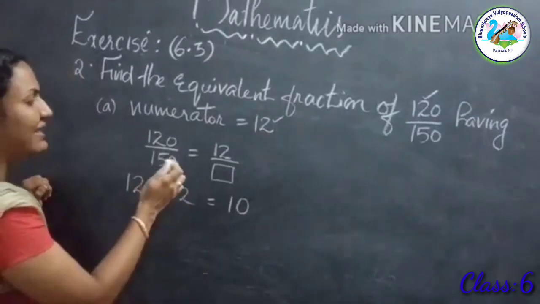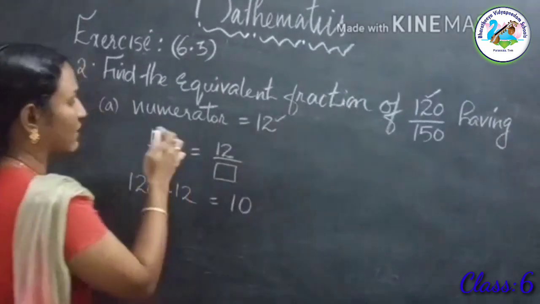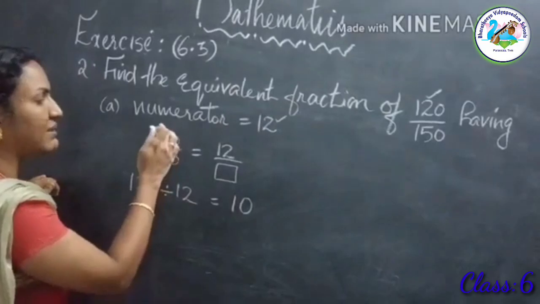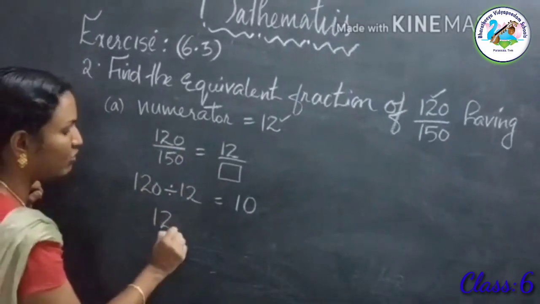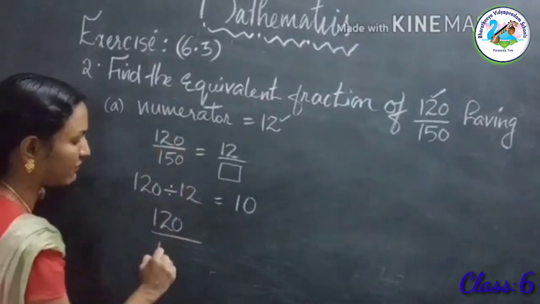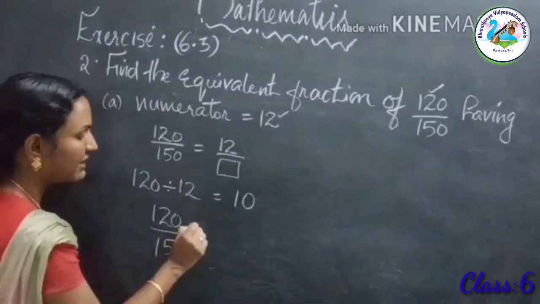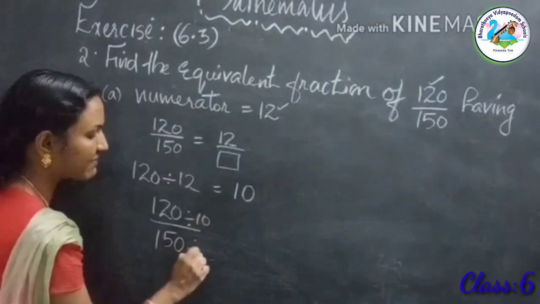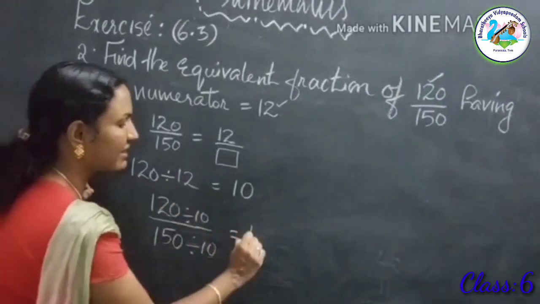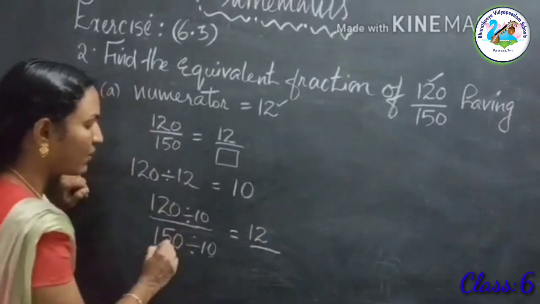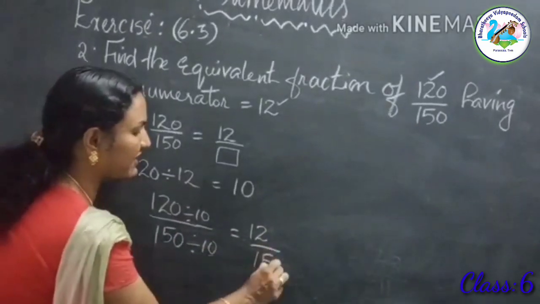Then we divide both the numerator and denominator by 10. Both the numerator and denominator, 120 by 150 divided by 10: 120 by 10, 12. 150 by 10, 15.